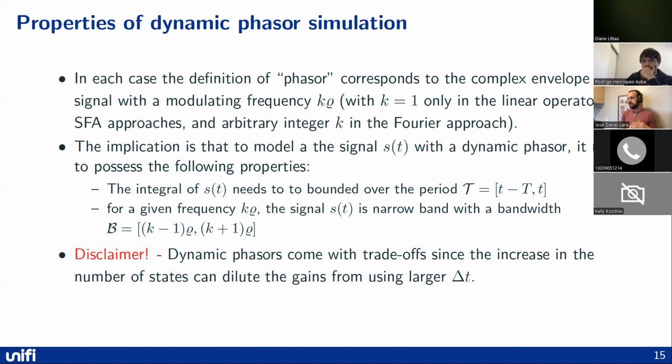However, dynamic phasors come with trade-offs, right? Because as you decrease the complexity of the time variancy of your model, you can also end up with a larger number of states. So there is a trade-off here that hasn't been studied in detail, and it's very probably going to be case dependent, where the gains that you get from going from time variant to time invariant can be diluted by the increase in the number of states, especially if the solution method is implicit, right?